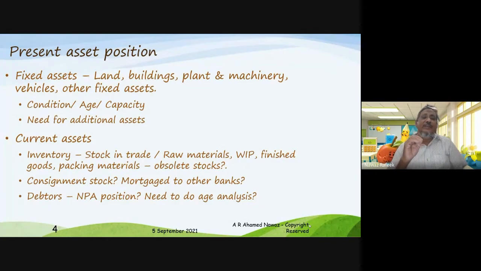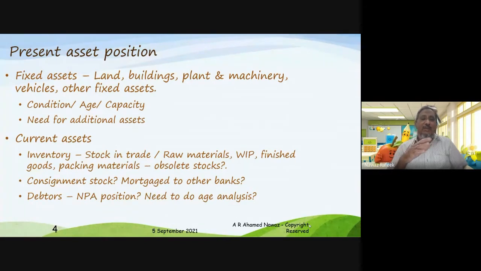The need for additional assets. If the business is for expansion, what type of new asset is needed? Either new buildings have to be put up, construction, or a new building has to be rented, new plant and machinery, furniture and fittings. But what is the position?